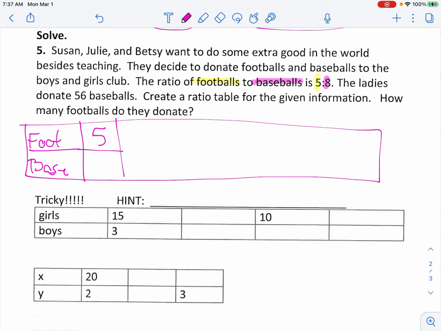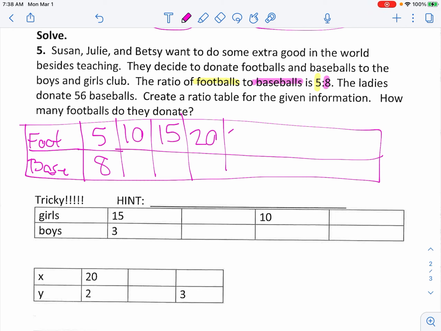And that initial ratio is 5 footballs to 8 baseballs. So 5, 10, 15, 20, 25, 30, 35, 40.